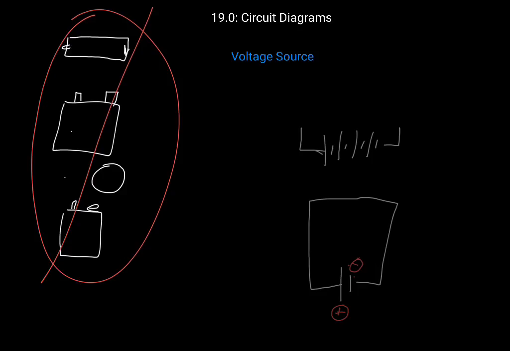On the back of your calculator, you'll see 4 AAA batteries. This is how you would draw that in a system. So if you just have one voltage source, you're just going to draw one parallel set of lines, one bigger, one shorter. And if you have a bunch of them connected together, you'll draw them all next to each other. Still, in this spot, you have your positive coming out of the left-hand terminal, and the negative is going to be coming in to the right-hand terminal.